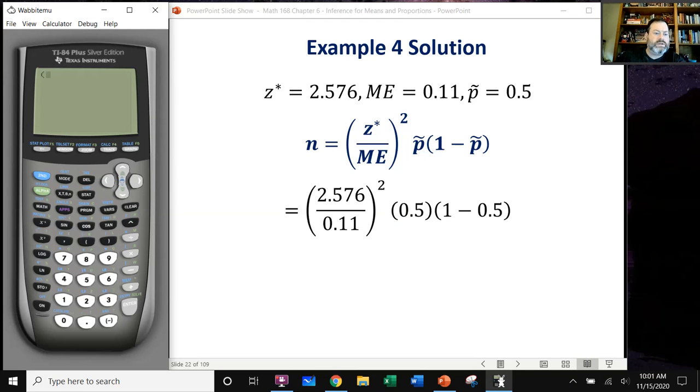What you might want to do is put your fraction in parentheses so you can put a squared on the outside. So 2.576 over 0.11, squared, and then times 0.5 times 1 minus 0.5. And just crunch it up.